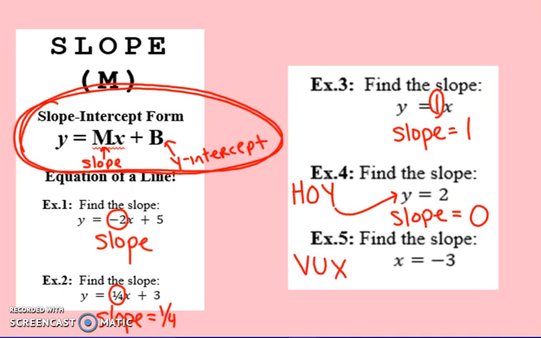We have a vertical line with an undefined slope if we have an x equals equation. Well, I have x equals -3. So my slope is undefined. Again, please keep in mind there is a difference between undefined and 0. 0 is a number. Undefined means there is no slope.